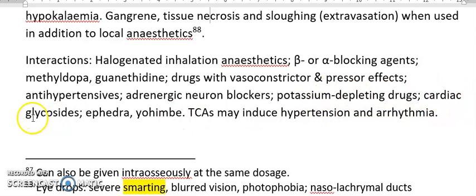Cardiac glycosides like digoxin, ephedra, yohimbe, and then tricyclic antidepressants may induce hypertension and arrhythmia, because these are all drugs that potentially can further increase the levels of the catecholamines. And that will increase the blood pressure and also cause abnormal rhythm of the heart.